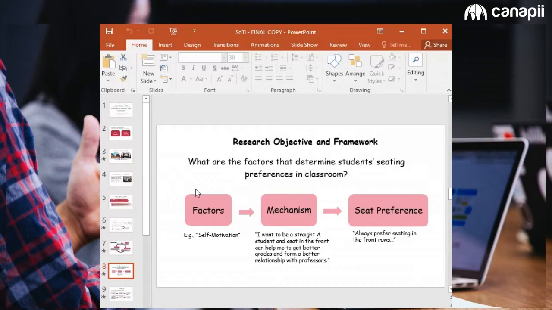Maybe some students make the decision mainly out of their self motivation, like a student who wants to be a straight A student, and they always prefer to sit in the front because they think sitting in the front they can hear clearly and see clearly, and it's beneficial for them to get higher grades and form a better relationship with their professors. And the phenomenon of the mechanism is that the students always want to sit in the front rows. Yes, that's our framework.